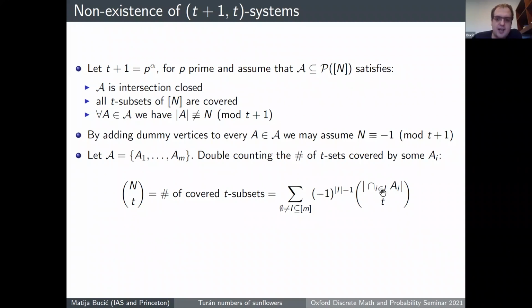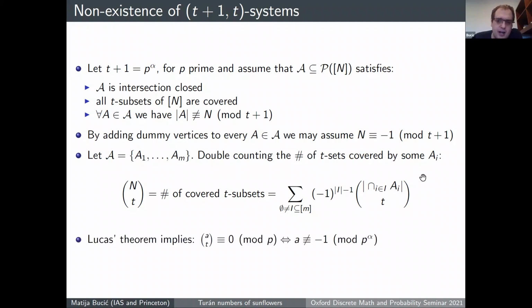In particular, this number is not congruent to capital N, so not congruent to -1 modulo T plus 1, which is this prime power p to the alpha. And now a basic result from number theory called Lucas theorem, which allows you to compute the residue of binomial coefficients modulo a prime, immediately tells you that each of these binomial coefficients is divisible by p.